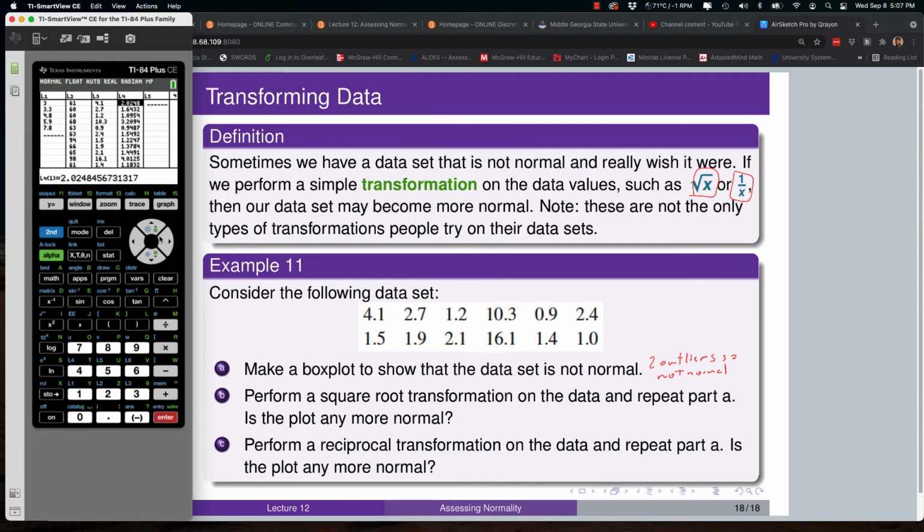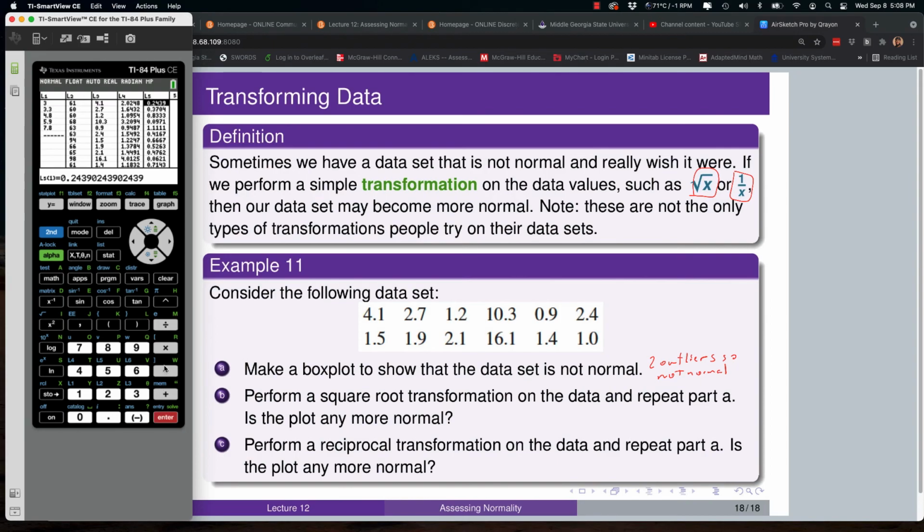While we're in here, we're going to do the reciprocal version of this in a minute as well, so let's go ahead and do that one as well. So in list 5 I want to do 1 divided by the original list of data, not the one I just transformed, but list 3 in my case. So I'm going to hit second L3 to do that, and then hit enter, and voila, I get all the reciprocals of my original data set.